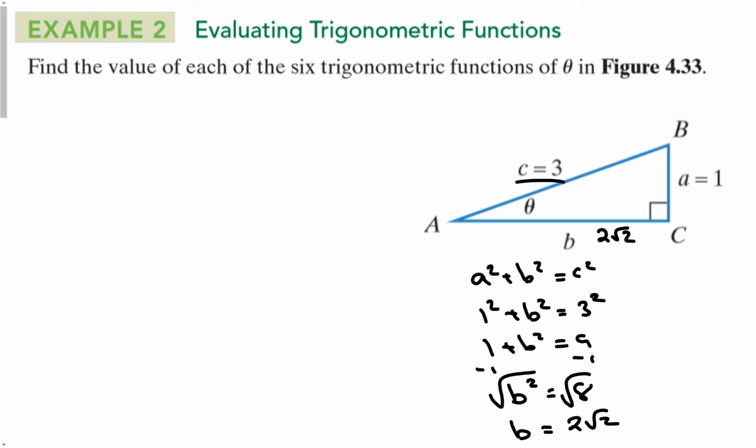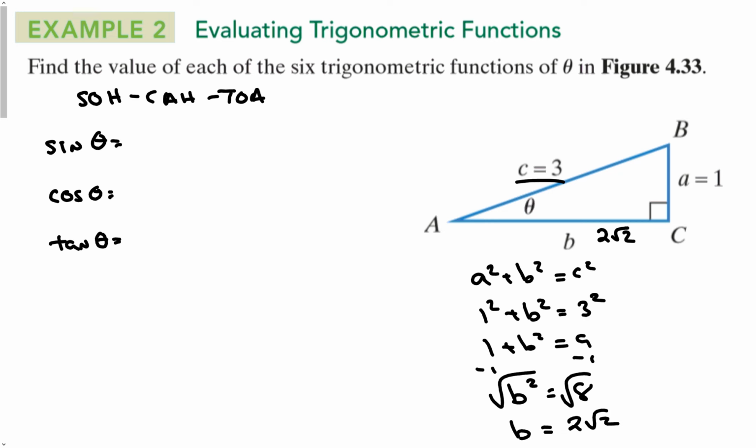Okay. It's fine. It's a little uglier, but we're still going to do the same thing. So write this down if you have to. SOHCAHTOA. Don't spell it wrong. So the sine of theta, the cosine, and the tangent.